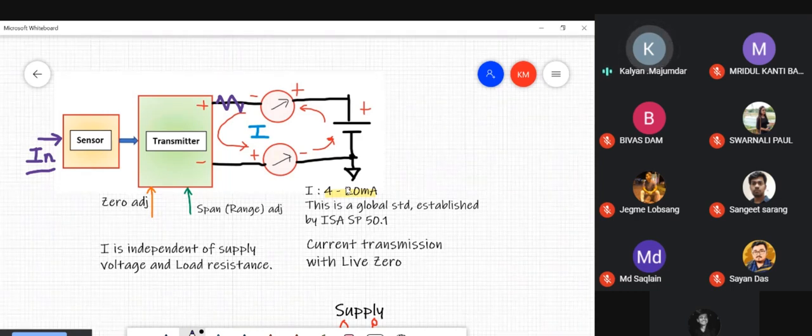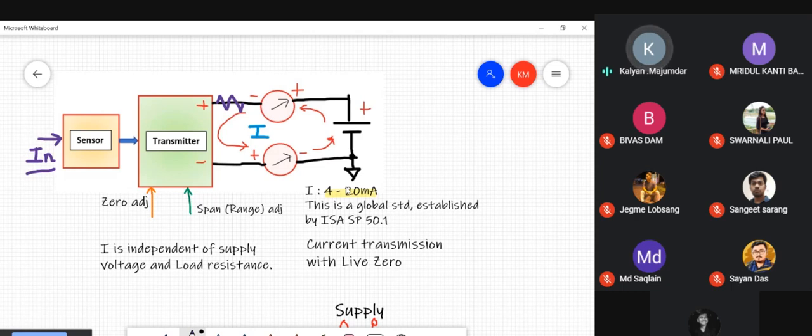The output of a temperature transmitter is 4 to 20. The output of a pressure transmitter is 4 to 20. The output of a level transmitter is 4 to 20. A level transmitter measures level and converts that into current. A pressure transmitter measures pressure and converts that into current. So the output of all transmitters is 4 to 20 irrespective of what you're measuring and the range over which you are performing the measurement.